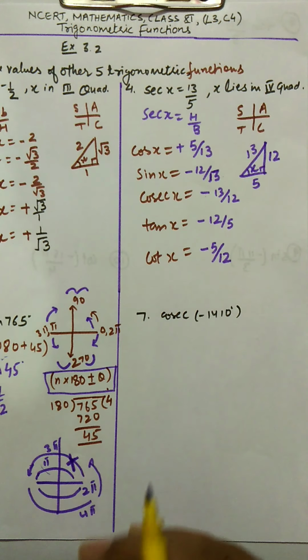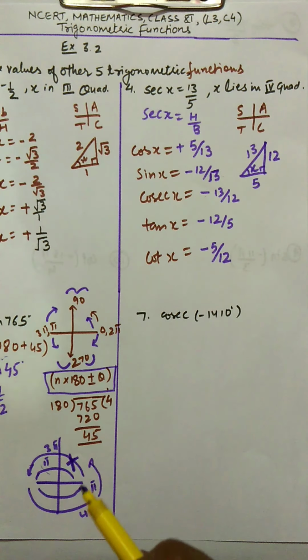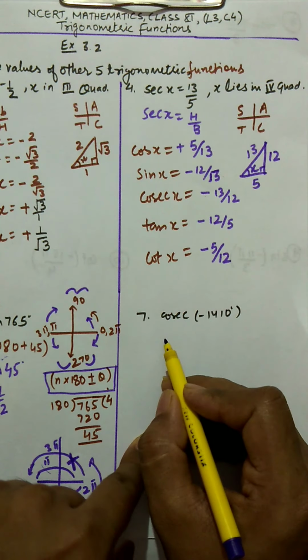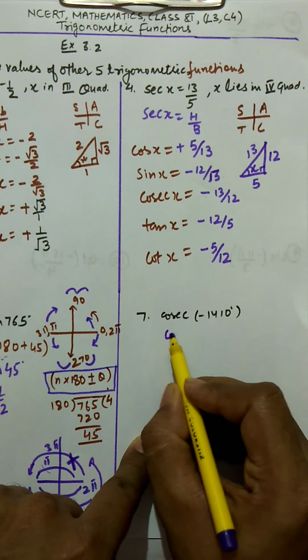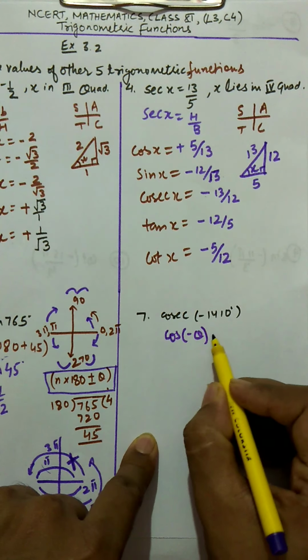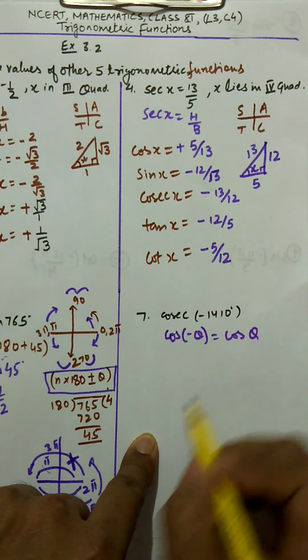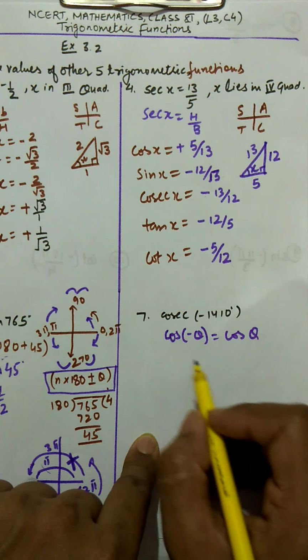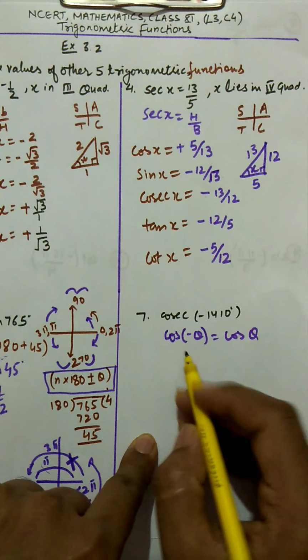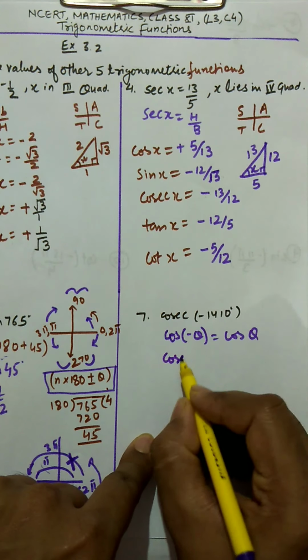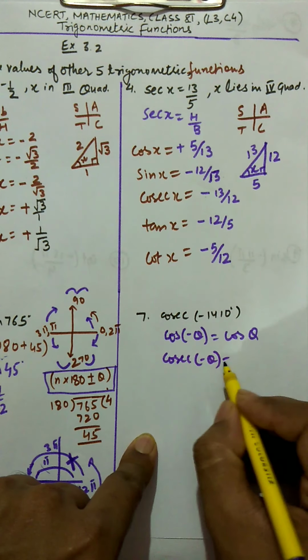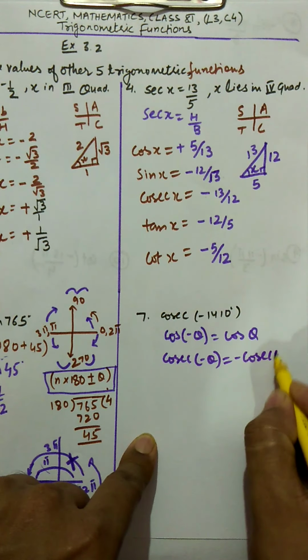We can go back to the anti-clockwise method, and that's quite easy also. But for that you have to remember one rule: cos minus theta is cos theta, and for the rest of the trigonometric functions, like cosec minus theta, you can write that as minus cosec theta.